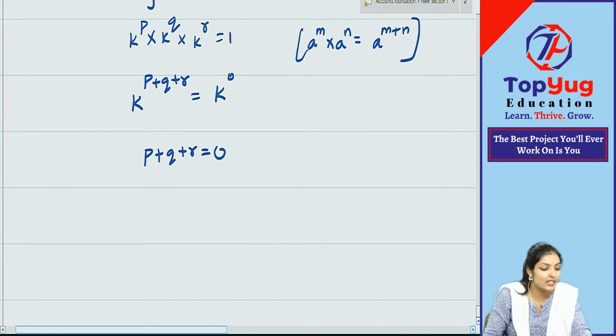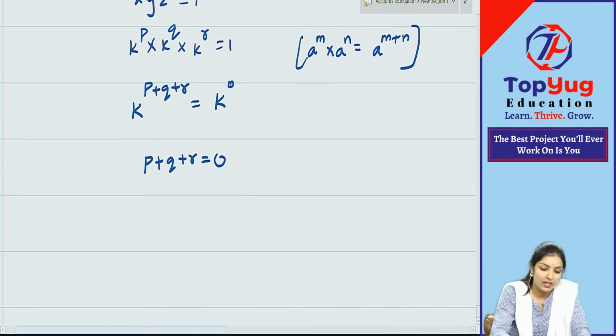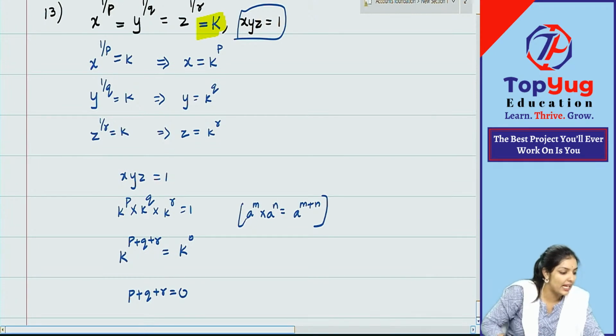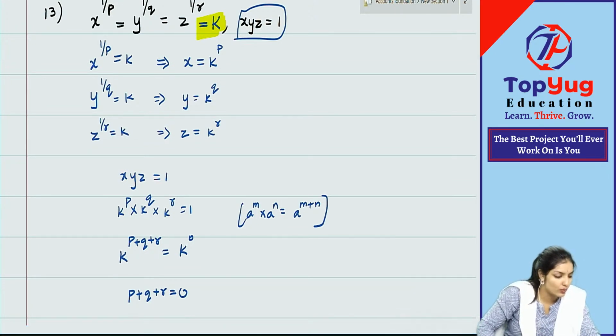What are they asking us in the question? Same thing. Now guys, do this 13th one, and the 14th one is exactly like the 9th one. So do the 14th one also.